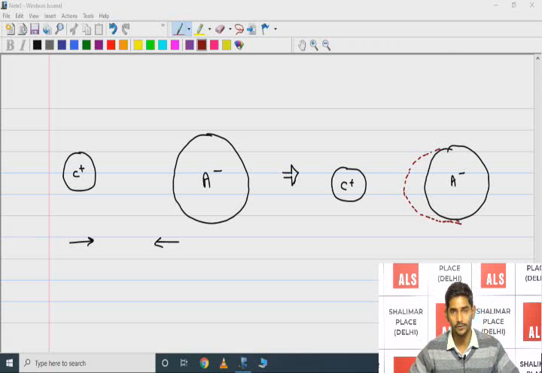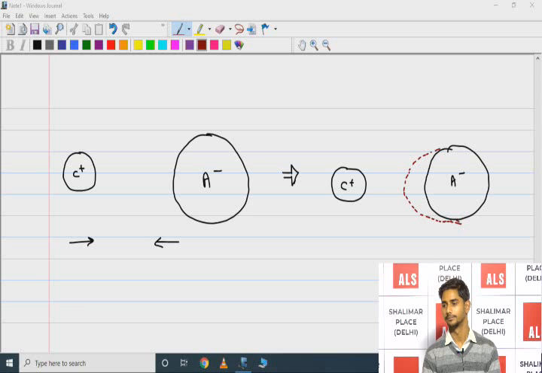First of all, tell me, are you clear with the current example, that it is nothing but the deformation of the anion? If not, please tell me. Are you clear? Say something, yes, no, whatever you want.